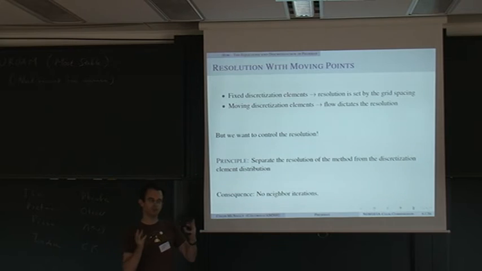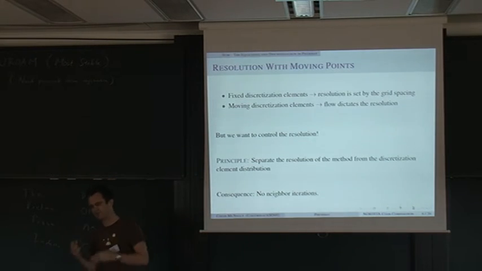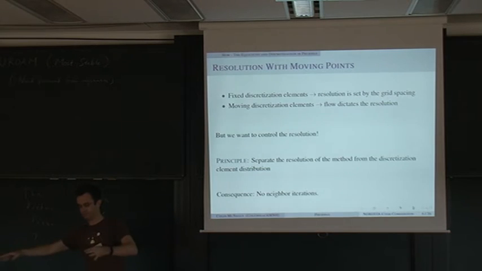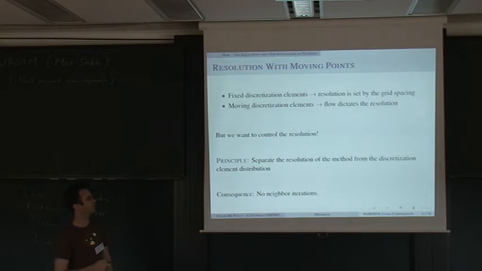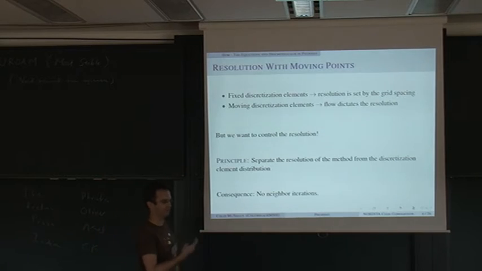The reason you can do that a little bit is if you have too many discretization elements in a location, that doesn't necessarily mean that you have to resolve everything down to the smallest spacing between the discretization elements. So really, for any given resolution criteria, there is a minimum amount of local density of discretization elements you're going to need.